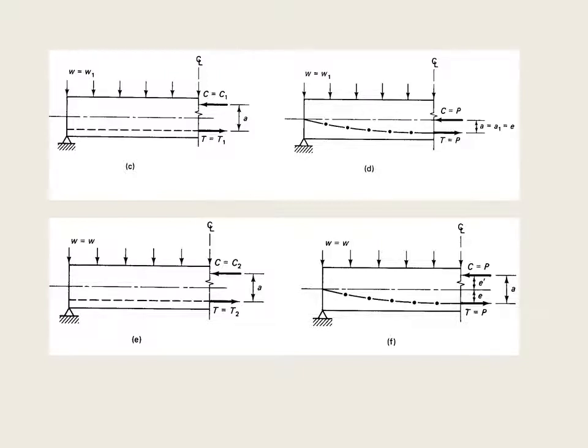And then when we finally have the service loads, the total loads, the reinforced concrete never changes. And finally for the pre-stress, it will have the final value of a.